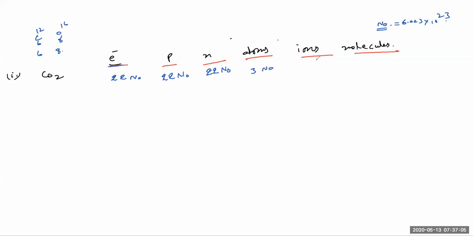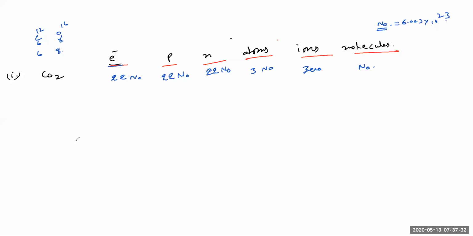But carbon dioxide is given as a neutral molecule. Neutral molecule, no ions. 1 mole means Avogadro number of molecules. That means only 1 into N naught molecules. Understood?